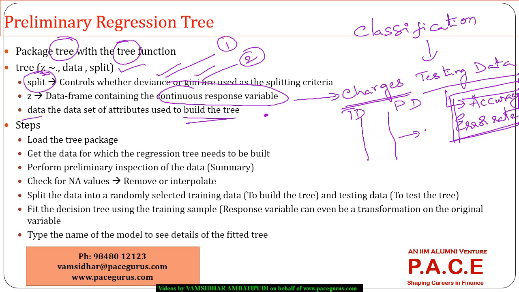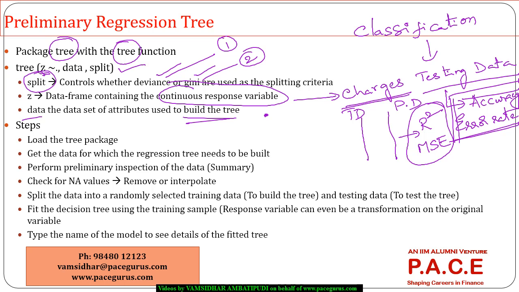So we will be using some other mechanisms like R squared or mean squared error, some such kind of error computation mechanisms, to assess the goodness of each of these models.